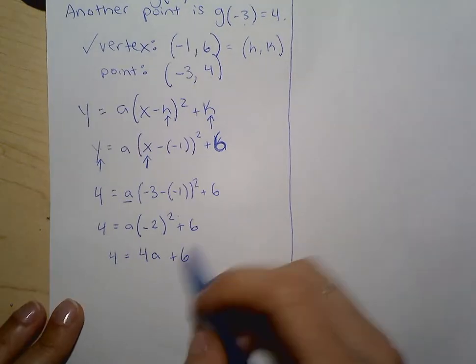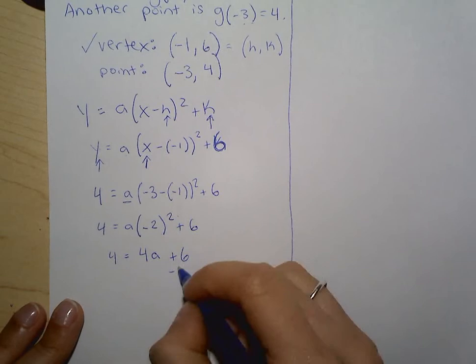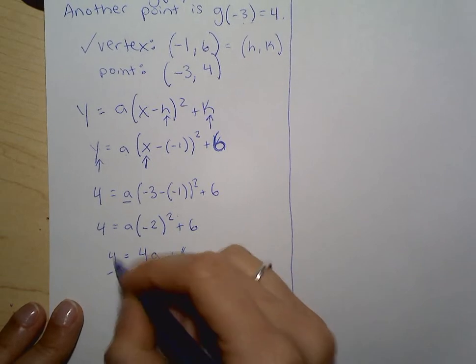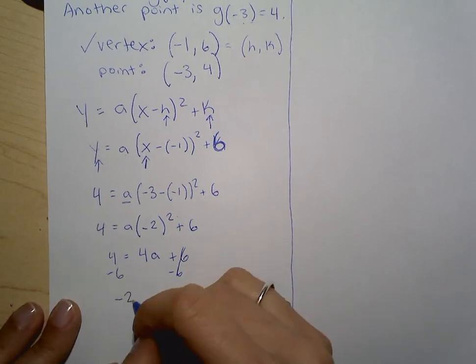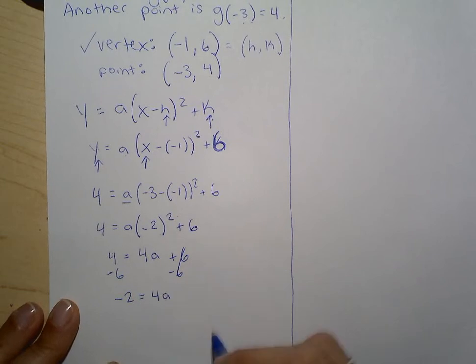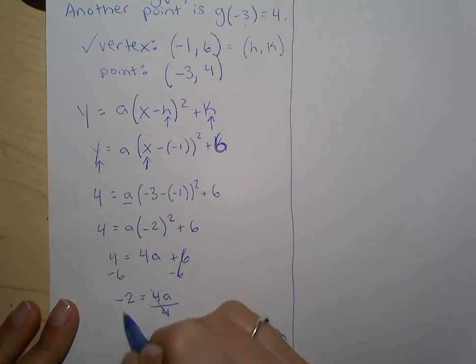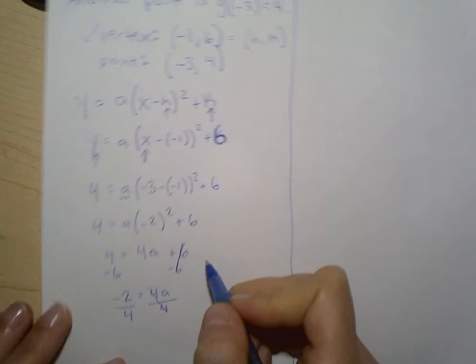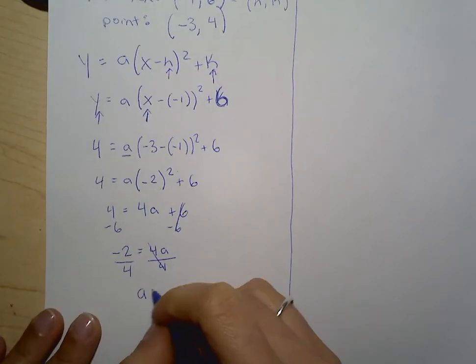And now I'm just getting a alone, so I'm going to subtract 6. 4 minus 6 gives me a negative 2. And divide by 4. So my a is equal to negative 1/2.